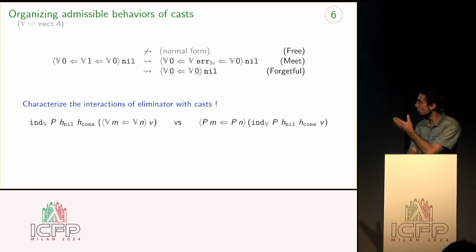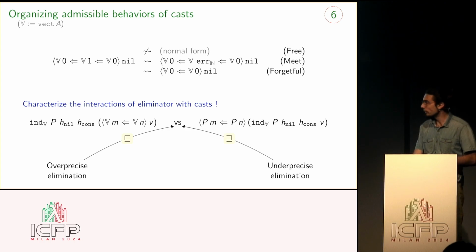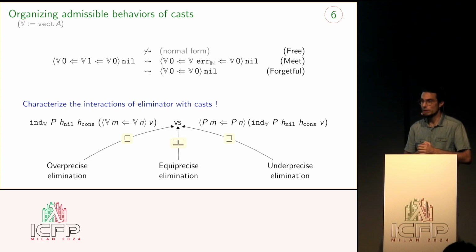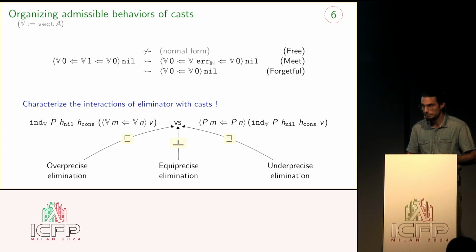And so this structures the design space into three potential behaviors. We'll say that we have over-precise elimination when eliminating followed by a cast is more precise than the other. We'll say that it is an under-precise elimination if the relationship goes around. And finally, if it is both, we'll say that we have equiprecise elimination. And so we have three potential behaviors for inductive families.